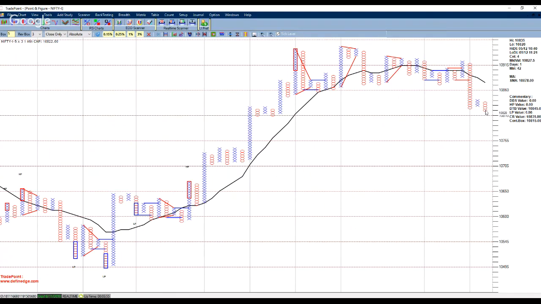And if the sell signal or the short position was taken, your stop loss is going to be one box above the high of this column of X, which is where the buy signal will be triggered. And that level is 10,845.